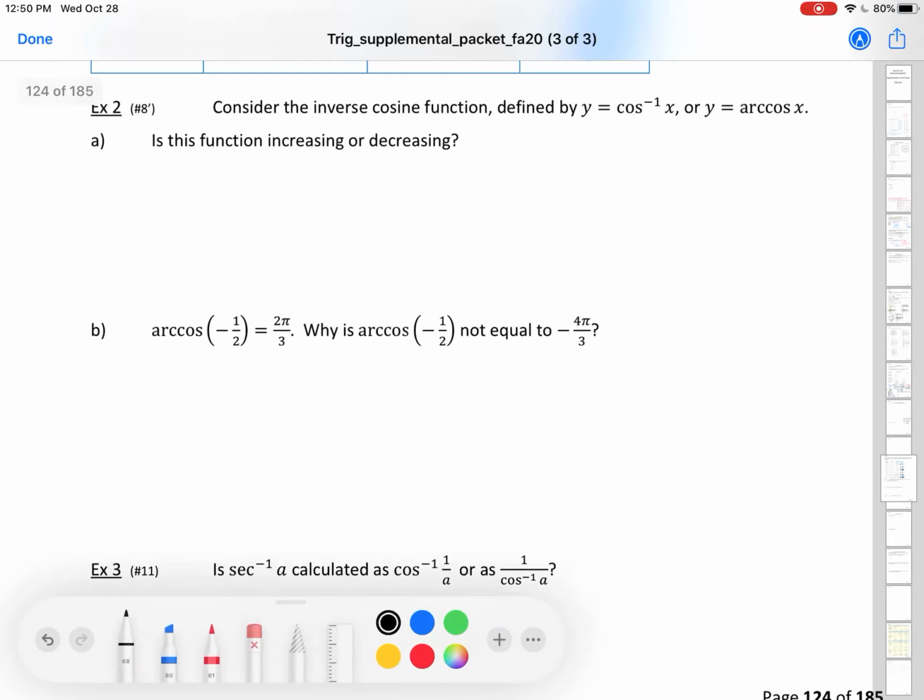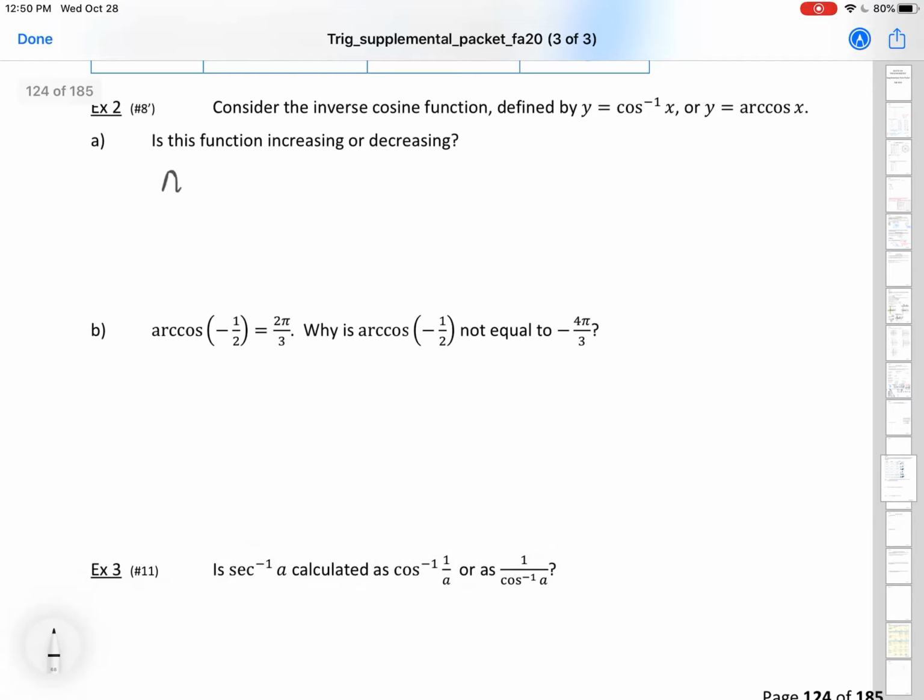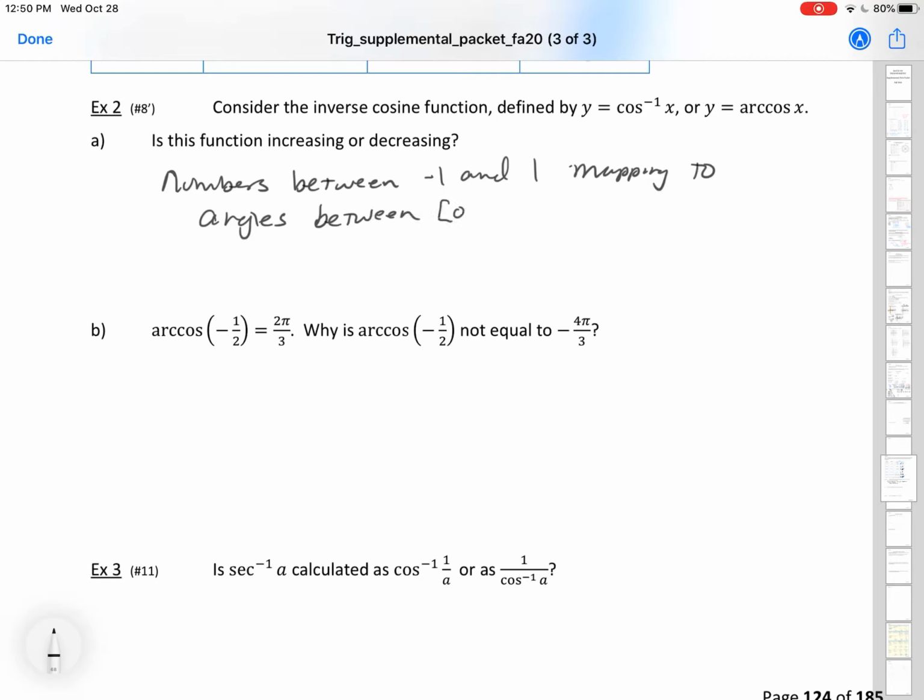This function is taking numbers between -1 and 1 and mapping to angles between 0 and pi.